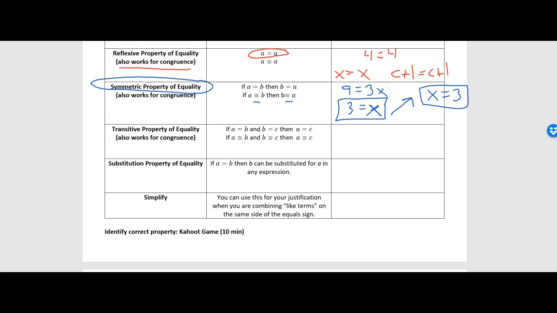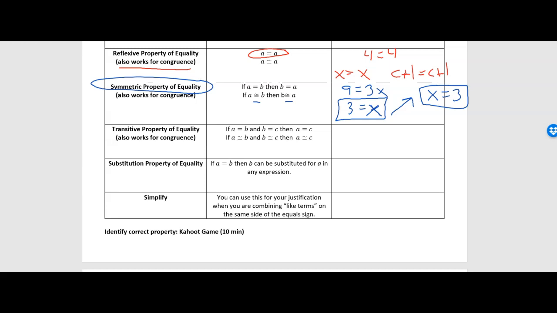So let's go with Michael Jordan, Kobe Bryant, and LeBron James.